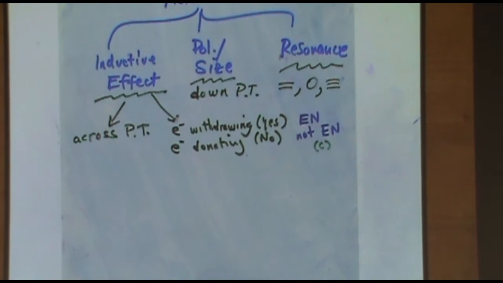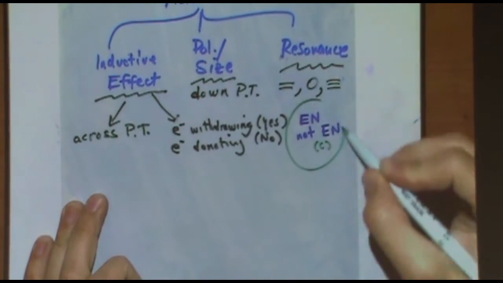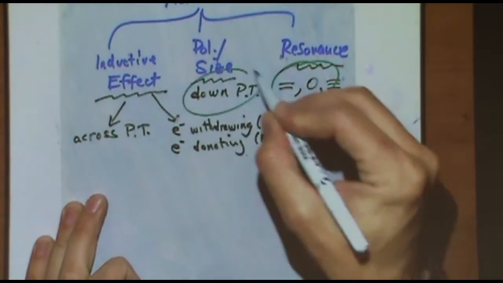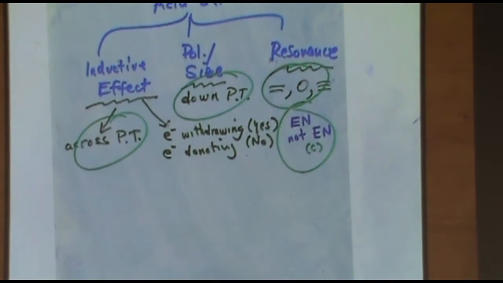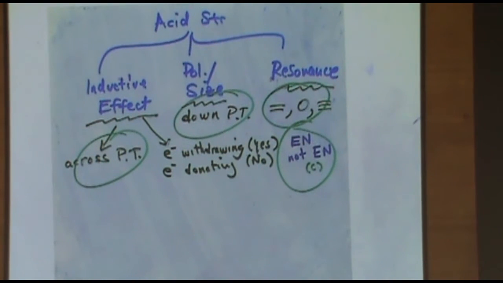They're what's called electron donating. So the snap judgment things are here, here, here, and here. Those things make something a stronger acid. If you're asked about a stronger base, it's the opposite, whatever this is not. So you just do the reverse for everything.